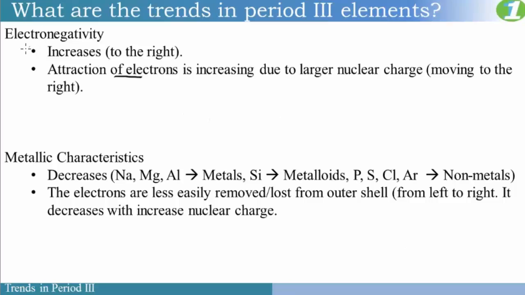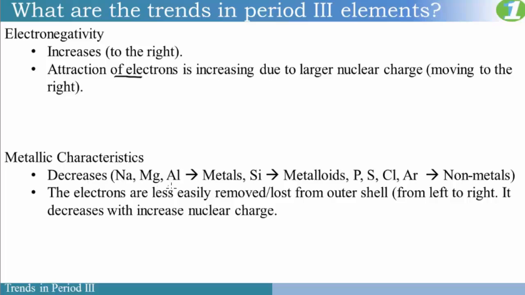So now we look at electronegativity and metallic characteristics. Let's look at metallic characteristics first. Remember we said that we go from metals to non-metals. So going across the period, sodium, magnesium, aluminum, these are metals, and as you go across to silicon, phosphorus, sulfur, chlorine, those are non-metals.